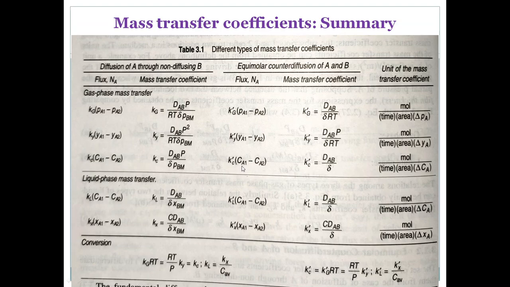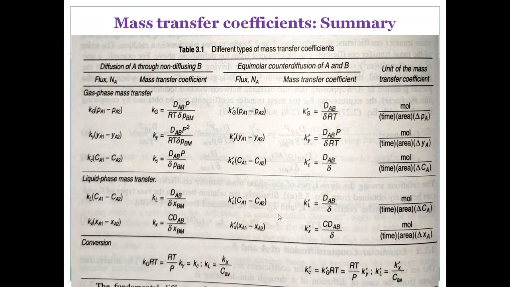Kc prime has molar concentration as the driving force. And we discussed the units of the mass transfer coefficient. Whatever the driving force is, that will be added in the denominator.